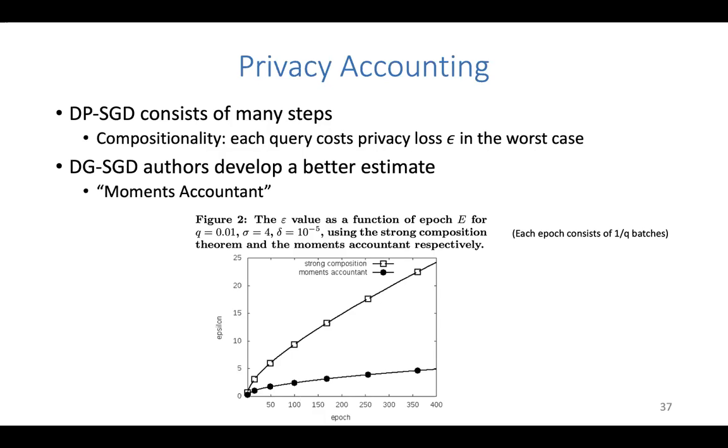The natural constant is 2.7182 whatever, so let's just say it is 2.7.